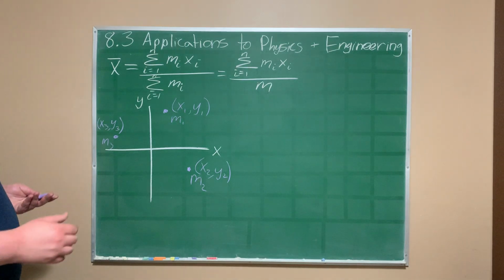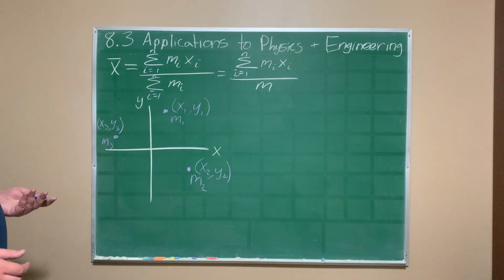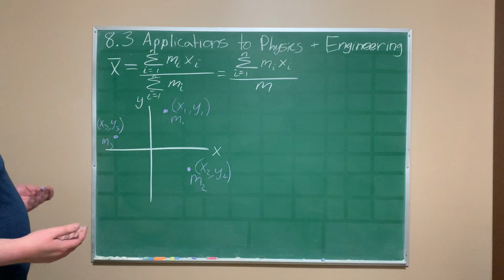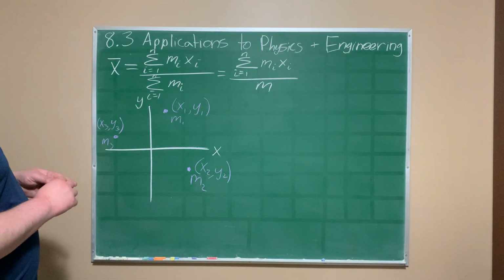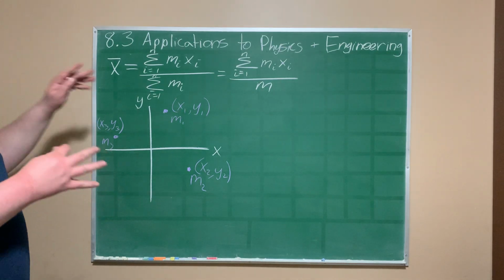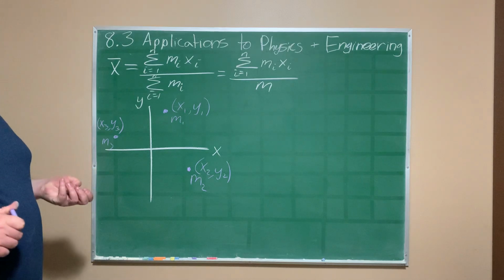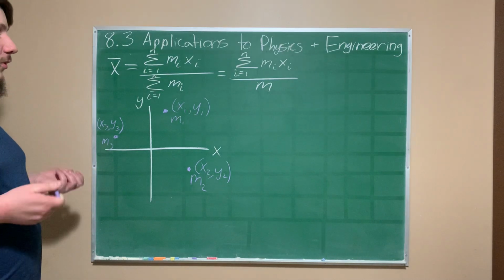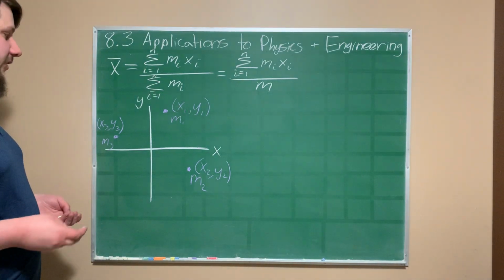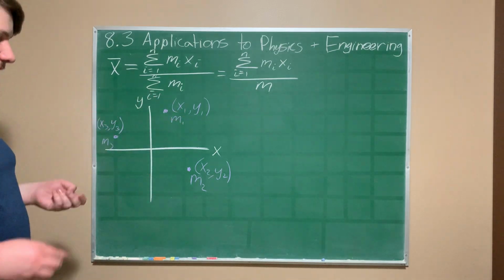Okay, so now, instead of finding the single x value that everything averages to, we're looking for an xy coordinate pair that would balance all three of these points at once.